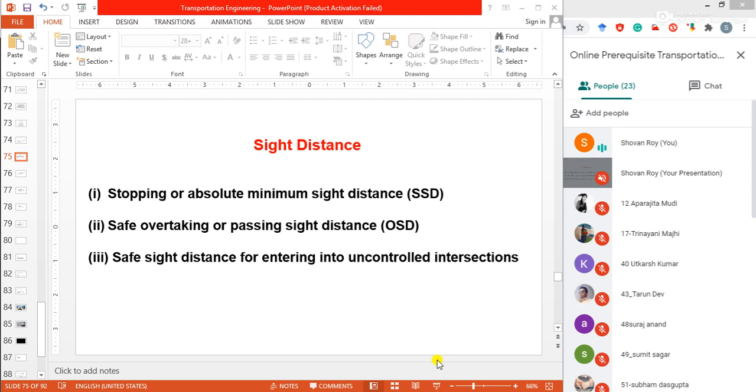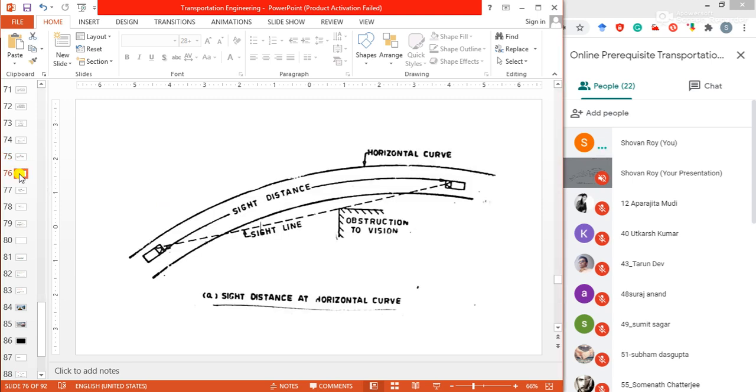Restrictions to sight distance may be caused at horizontal curves by objects obstructing vision at the inner side of the road, or at vertical summit curves, or at intersections. Normally we see such kinds of obstruction when we travel through our pavement.